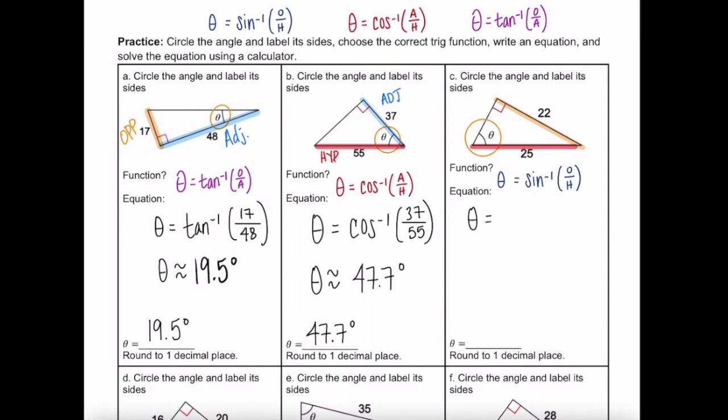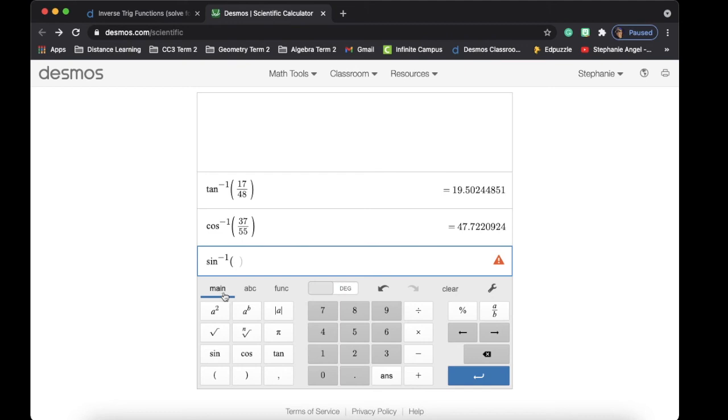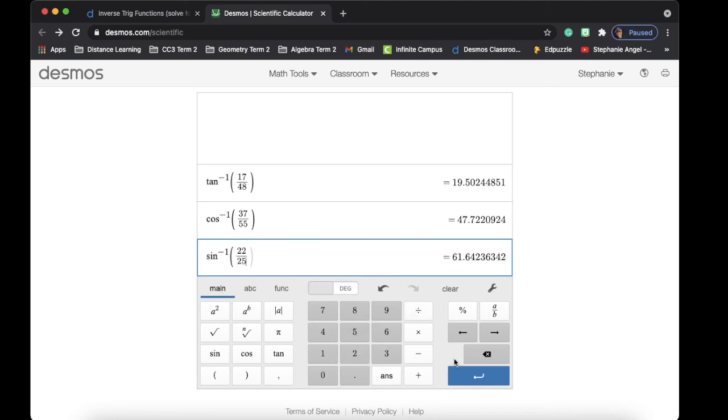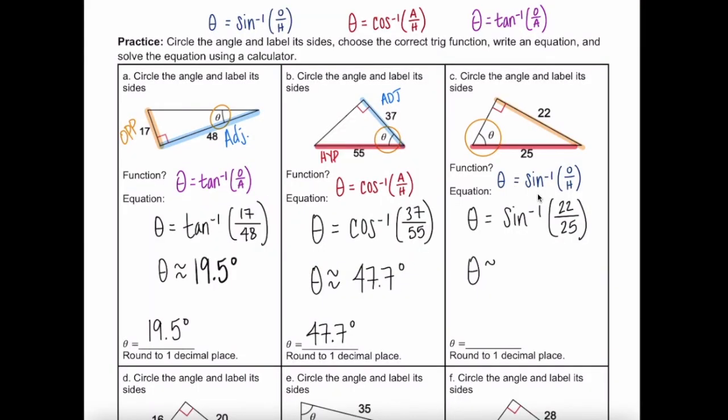So our angle theta is equal to the inverse sine of our opposite side, 22, over our hypotenuse, 25. All right, let's grab our calculator. So function, inverse sine of 22 divided by 25, and it's about 61.64, so 61.6 degrees. So theta is approximately 61.6 degrees.